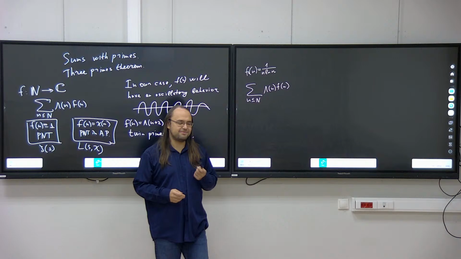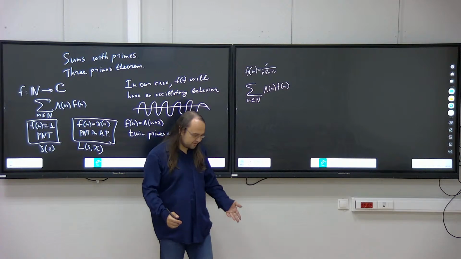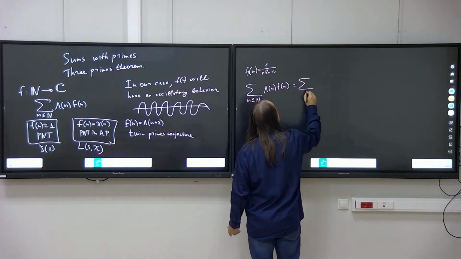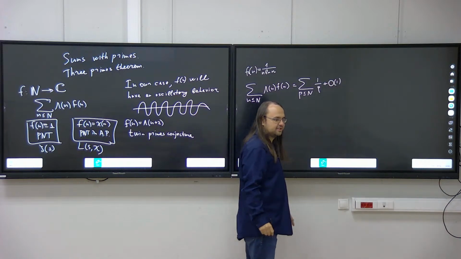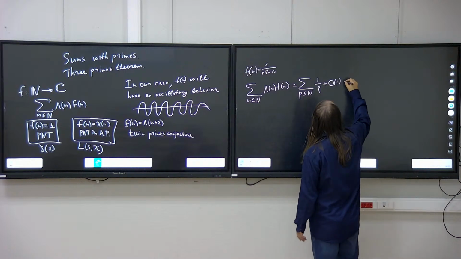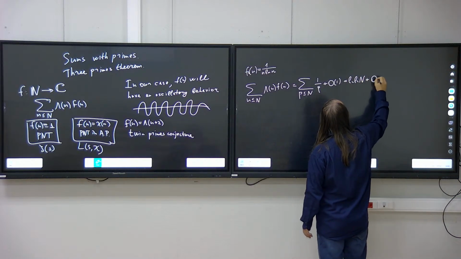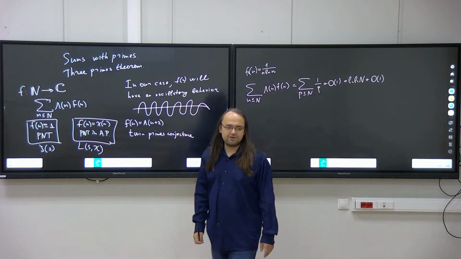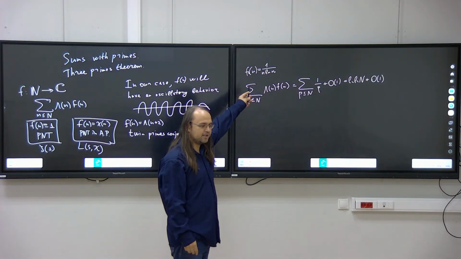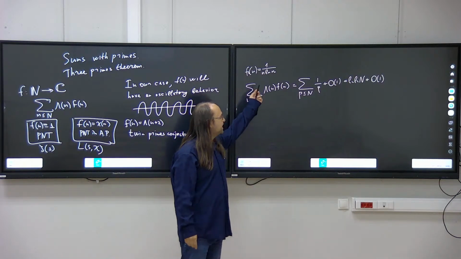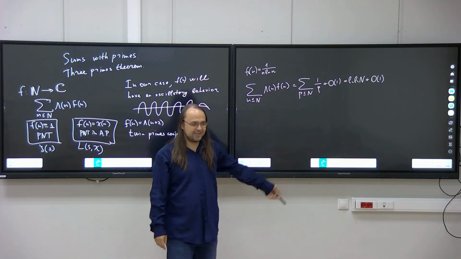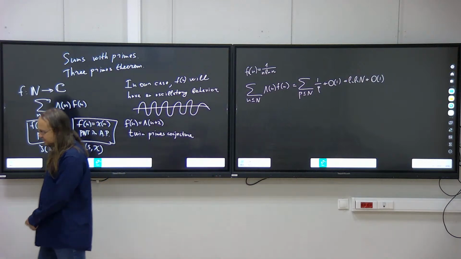So if n is prime, what is lambda of n multiplied by f of n? It's 1 divided by... 1 over p, yeah. So you get the sum over all p less than or equal to N of 1 over p plus big O of 1, because the contribution of squares is small. So you get log log N plus big O of 1, which is expected because the integral of 1 over n log n is precisely the double logarithm. And if you take, say, 1 over n log n log log n, then you're going to get a triple logarithm and so on, right?